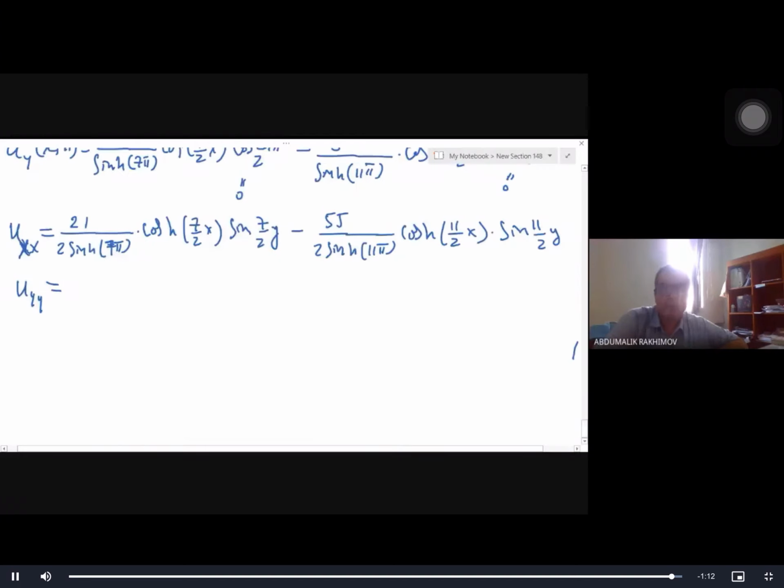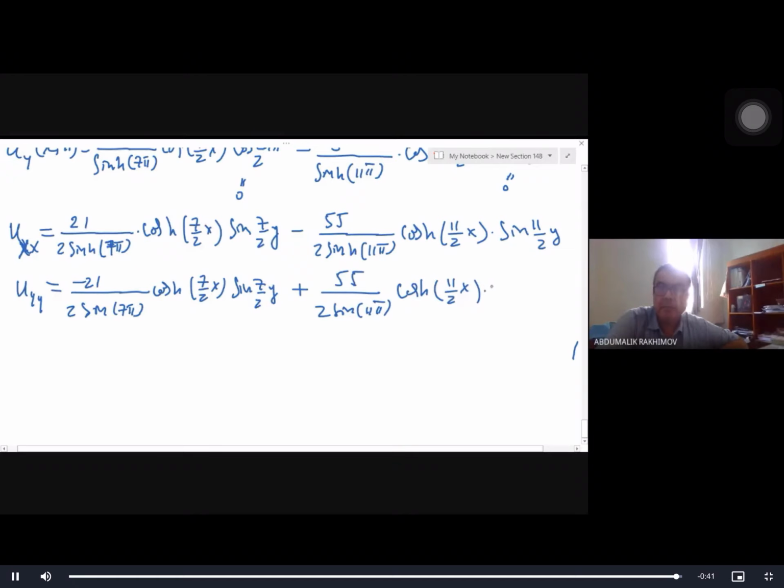So this will be minus 21/2 times sine hyperbolic 7 pi cosine hyperbolic 7/2 x sine 7/2 y. This will be plus 55/2 sine hyperbolic 11 pi cosine hyperbolic 11/2 x sine 11/2 y.